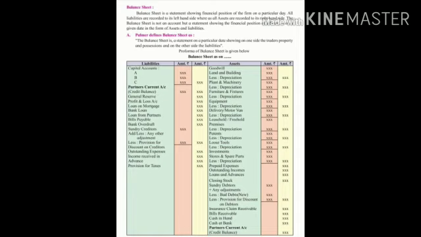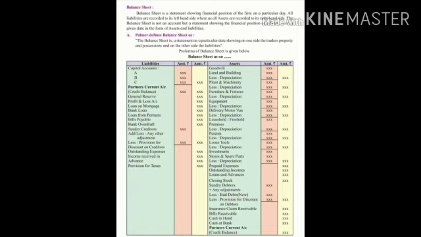After distributing, if there is net profit, we write it on the credit side of the partner's capital account or current account, and if there is net loss, we transfer it to the debit side of the partner's capital account or current account.